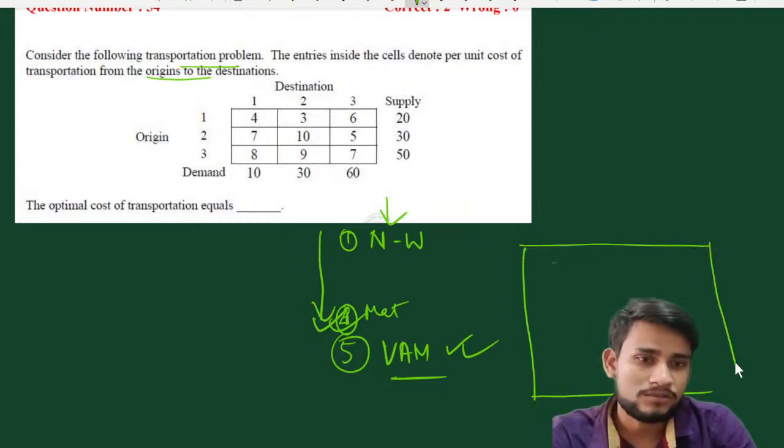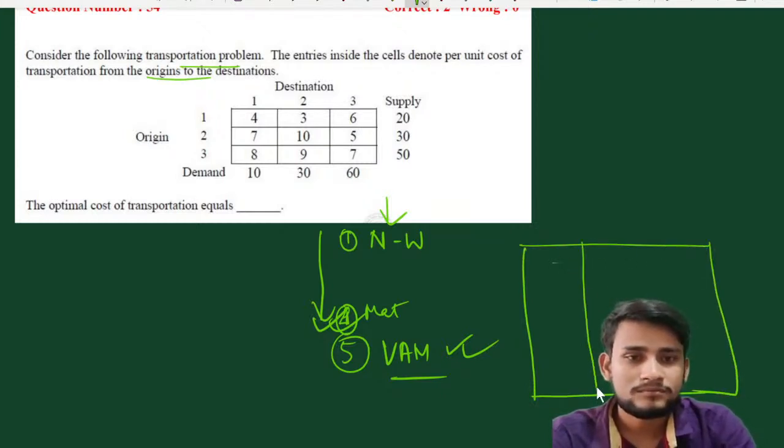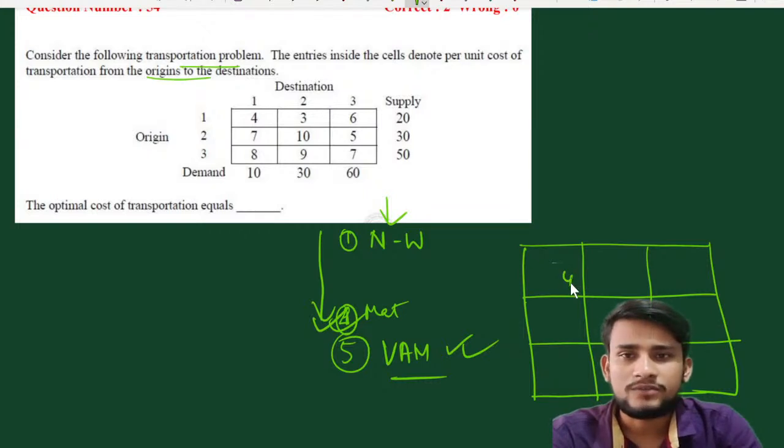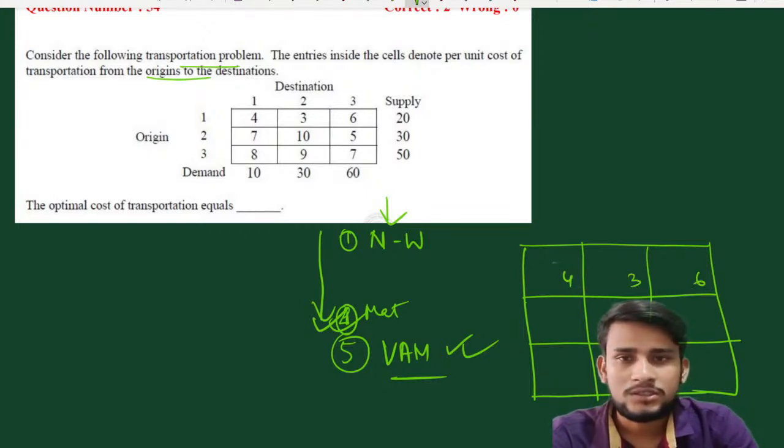We just write the cost matrix. This is a 3 by 3 cost matrix: 4, 3, 6, 7, 10, 5, 8, 9 and 7. The demands are 10, 30, 60, and the supplies are 20, 30 and 50.